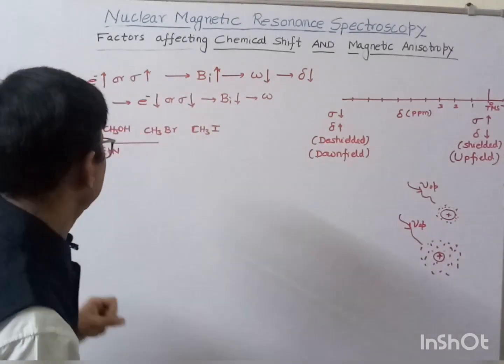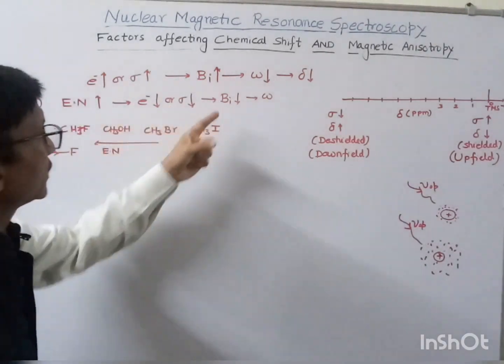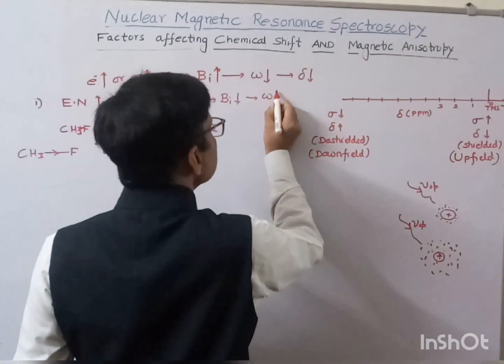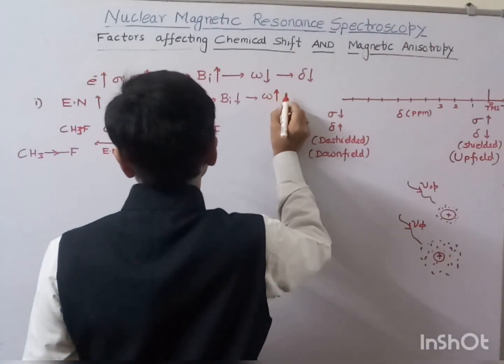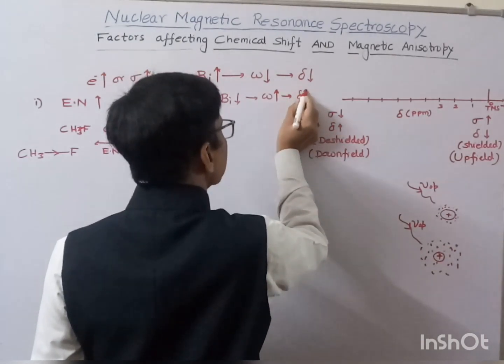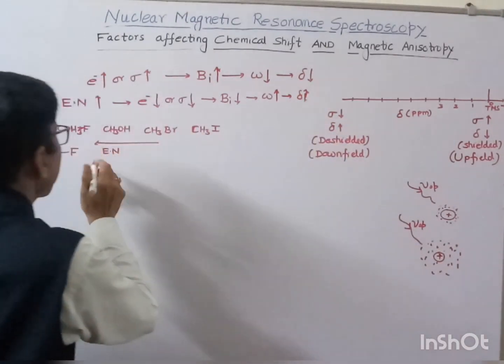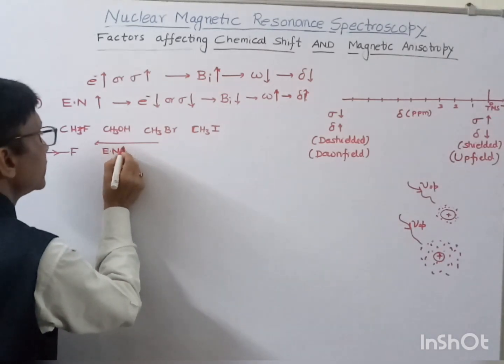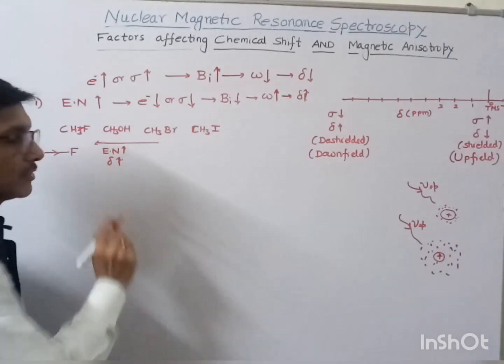So this is the main fundamental. So here the precessional frequency will increase as the electron density is less surrounding the proton, and the delta value will increase in this case. So this has the highest delta value.